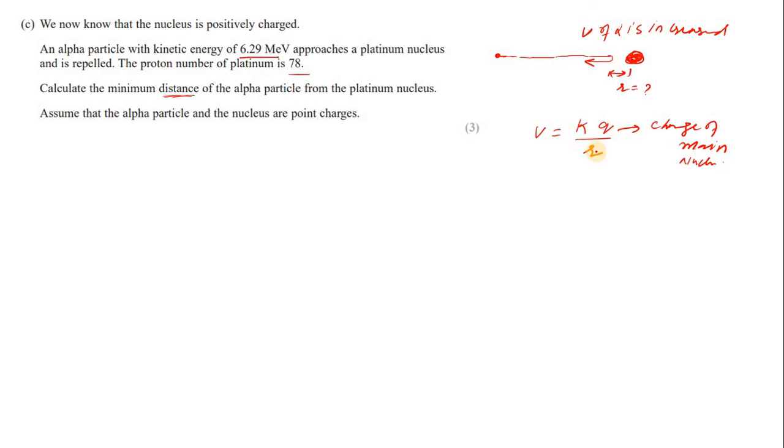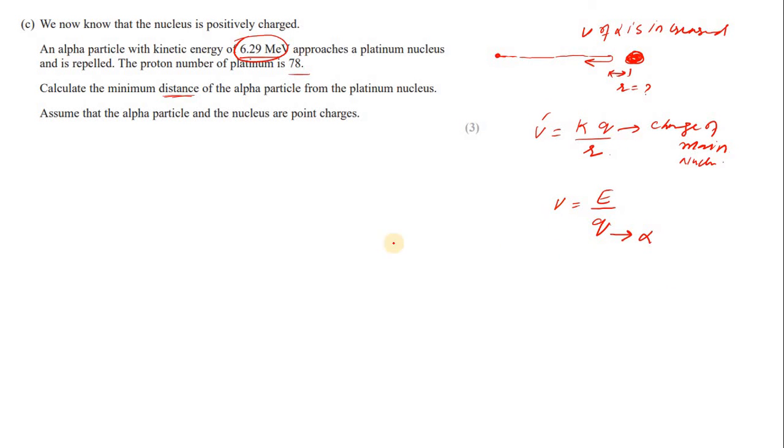And this R can be found. But the problem is we do not have voltage or potential. That's why they give us energy. Because we know that V is basically energy per unit charge. But in this equation, this Q is the charge which is moving. This is the charge on the alpha particle. So we use this equation to find V, and V can be used to find R.